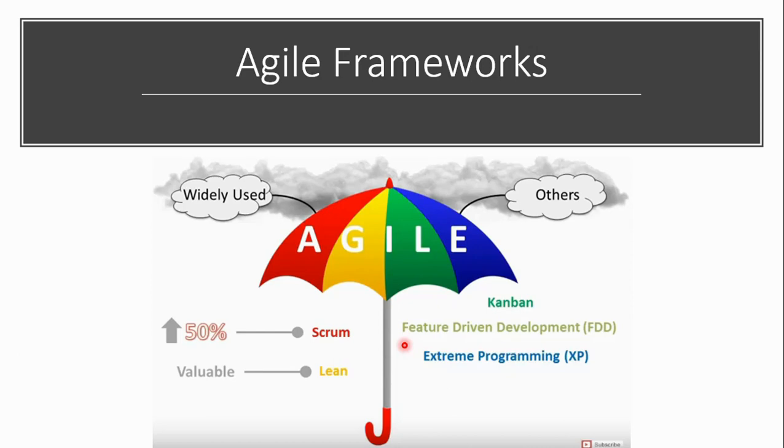So Scrum, as you have known, is one of the famous frameworks that they use. Then there's something called the Lean framework, the Kanban framework, feature-driven development framework, and extreme programming framework. These are frameworks that people adopt in different companies based on the situation.